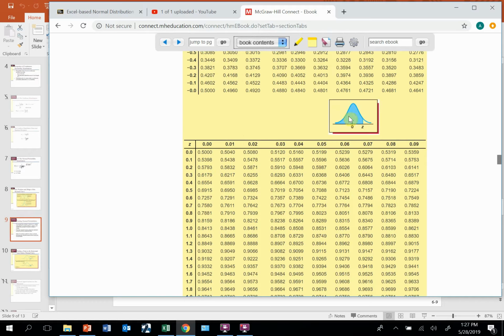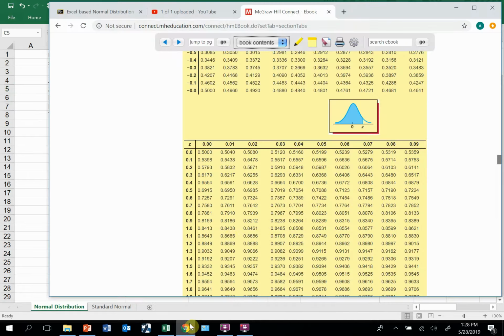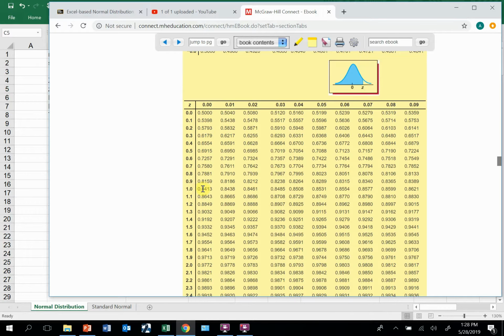So the area in the blue is the guts of this table. So we have to look up 1.00. I go down on the z to 1.0, and then I cross that with this 0, and so this is the number I need, 0.8413.